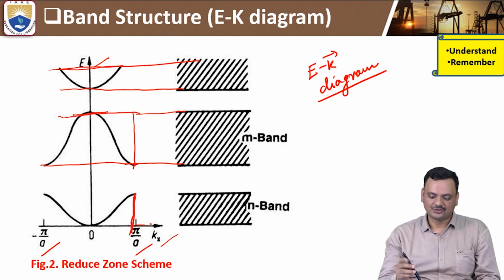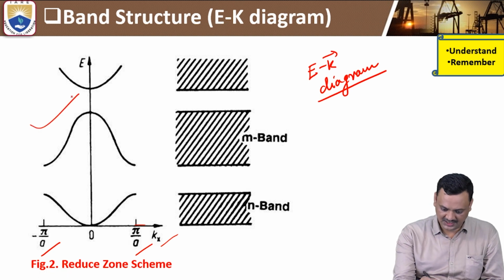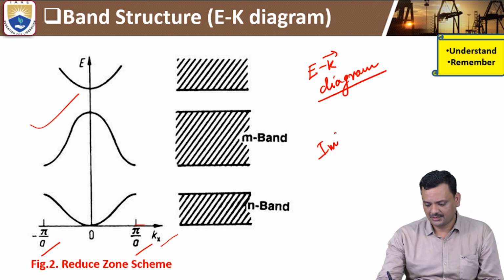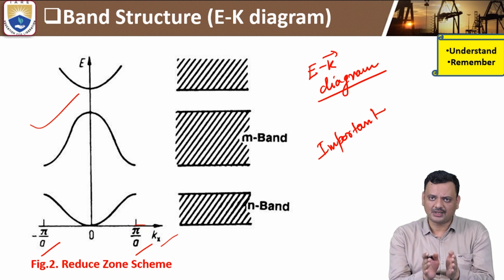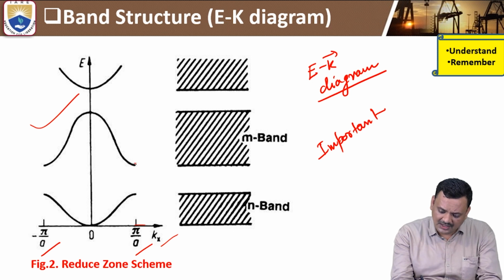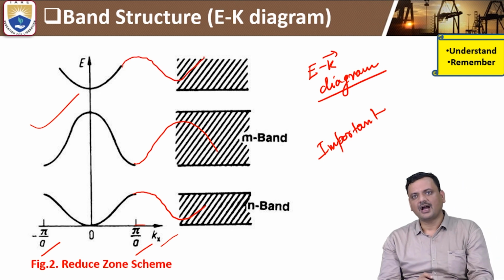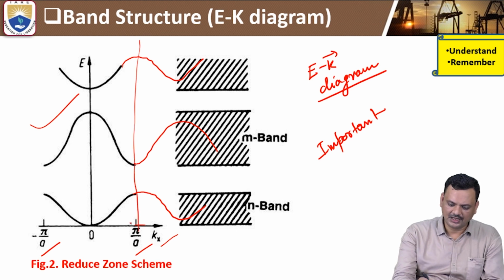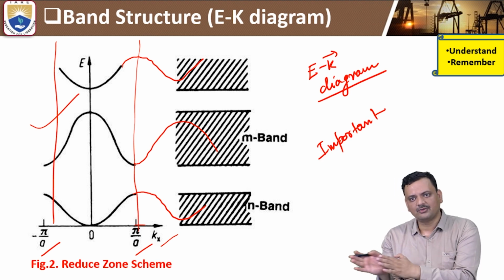See? So for optoelectronic application, this diagram is important. Why? Because if you know the property of wave function, or simply the wave function in this region, the same thing will be repeated again and again after this region. Okay, so no need to worry about beyond this region, means minus pi by a to pi by a.